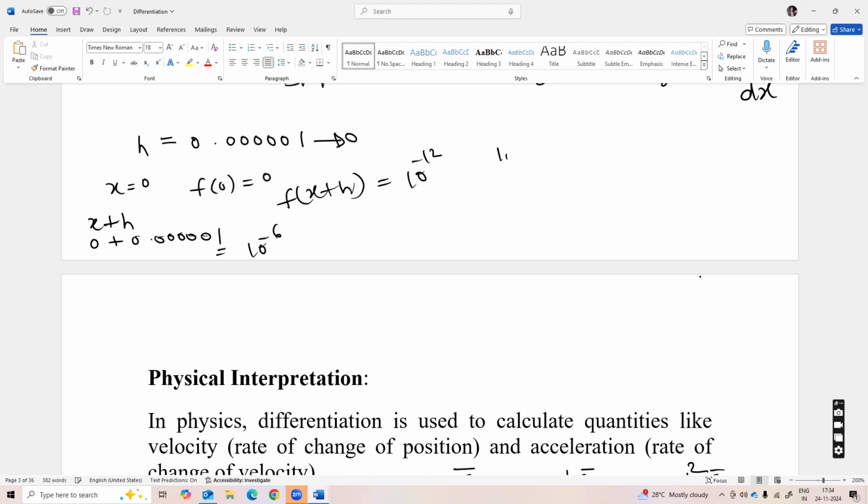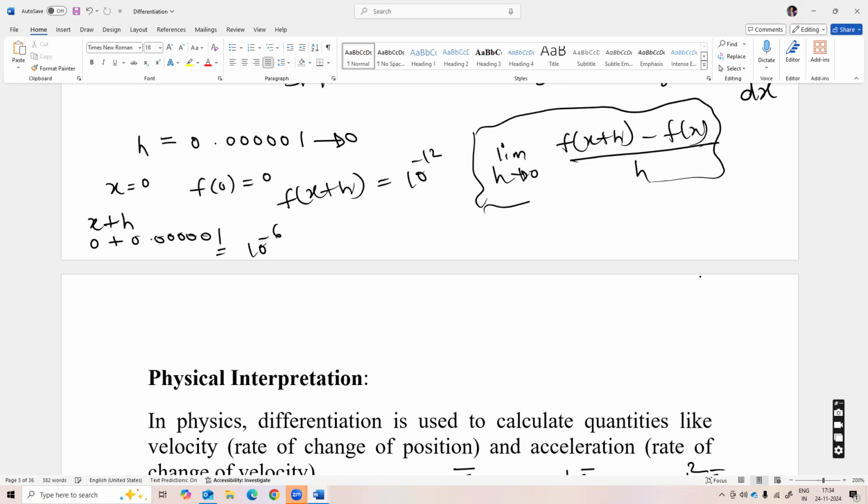Therefore, for this function, the limit as h tends to 0 of f of x plus h minus f of x, divided by h, is basically giving us the derivative of the function x square at a given x. If you put in the value, you will get the derivative at x equal to 0.